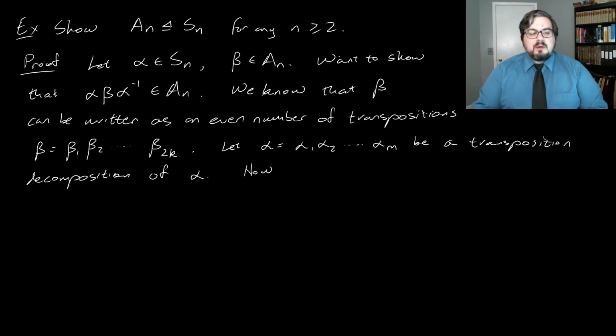Now let's look at what we get when we do alpha times beta times alpha inverse. Well, we know that alpha can be written as alpha 1 times alpha 2 up through alpha m. We know that beta can be written as beta 1 up through beta 2k. And then alpha inverse is alpha m inverse down to alpha 1 inverse.